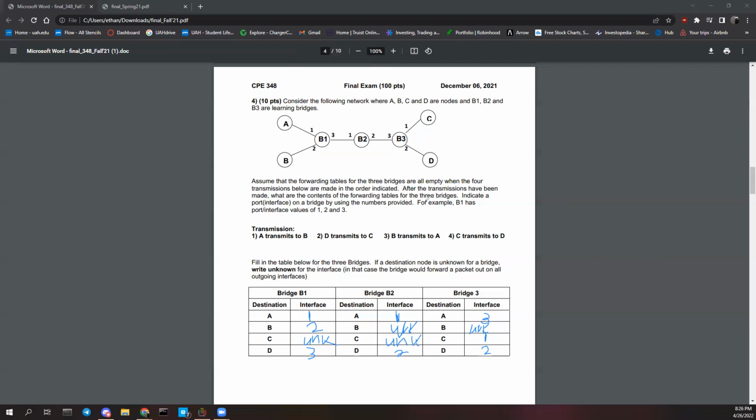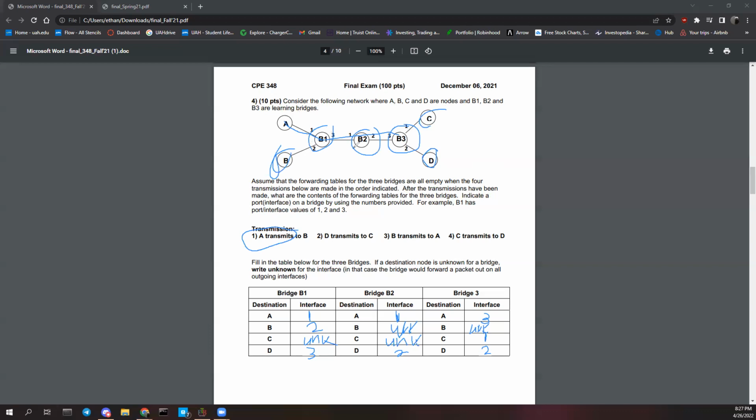So to reiterate, for learning bridge problems, when the bridge is fresh, you transmit to all the nodes, and the only things that should be catching data are the bridge interfaces. The nodes themselves, A, B, C, whatever, they don't store data. The only things that store data are B1, B2, B3, or whatever they're labeled as.